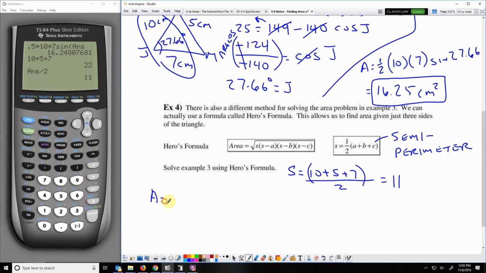So the area is the square root of 11 times 11 minus one side times 11 minus another side times 11 minus the third side.